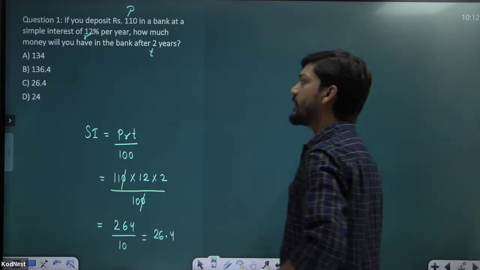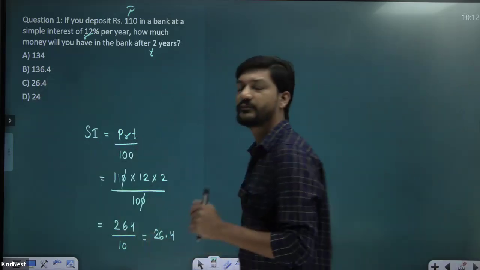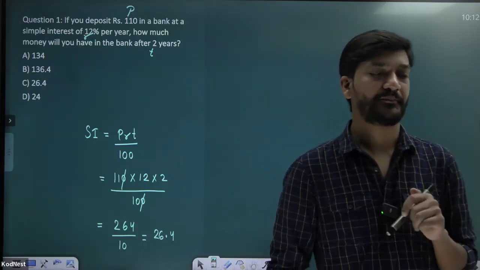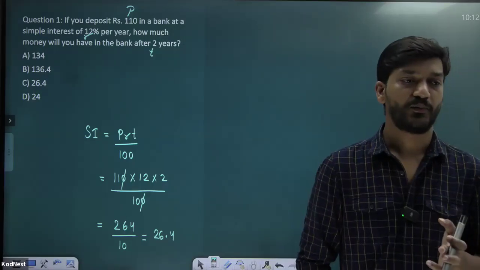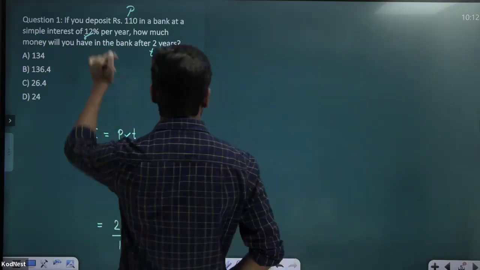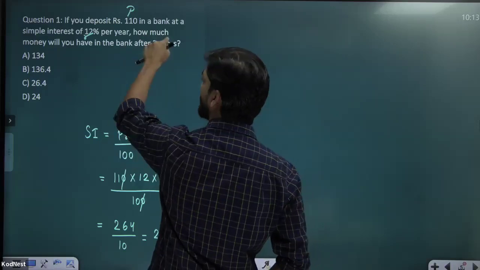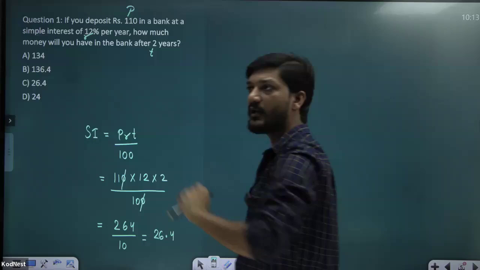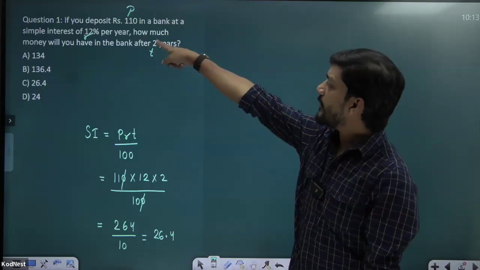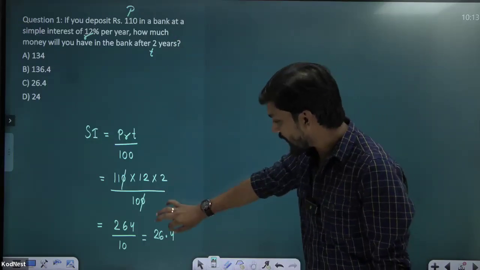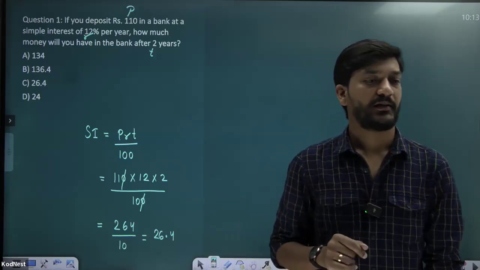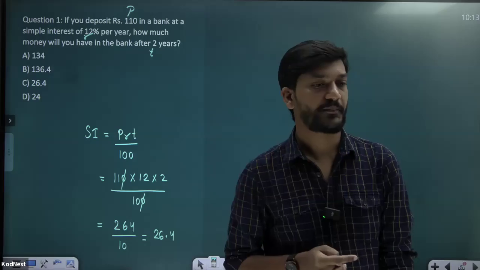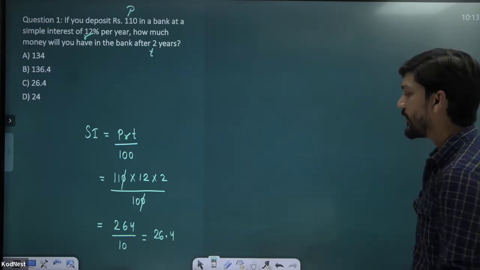Once you have done this, will you say 26.4 is your answer? No. Those who are saying yes, how much money will you have in the bank? Any statement like this means your account balance. Starting 110, final balance 26.4? Does it make sense? This is not your final.